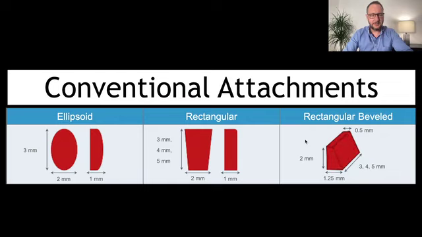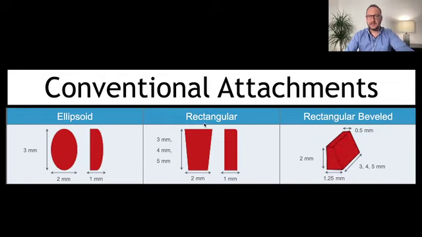This is something that I am researching pretty much: all companies are using these three kinds of conventional attachments, okay? We have this ellipsoid, which doesn't have a flat surface, it's very rounded, okay? Usually there is some difference from one company to the other, but usually they have these measurements, okay?